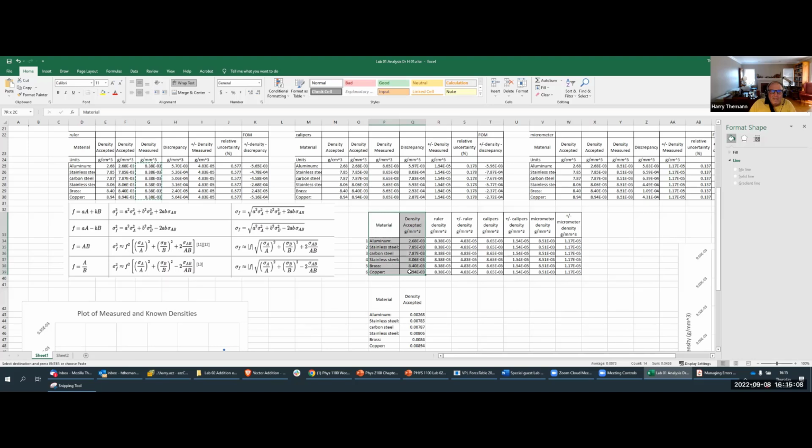So I'm going to select that. Now I want to get the calipers and the micrometer, so I hold down the control key. Control key is when you want to do, here's a big word, non-contiguous selection.